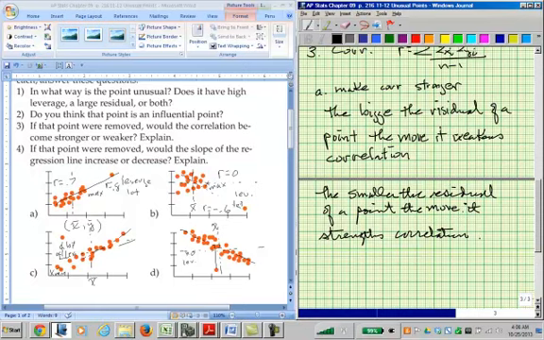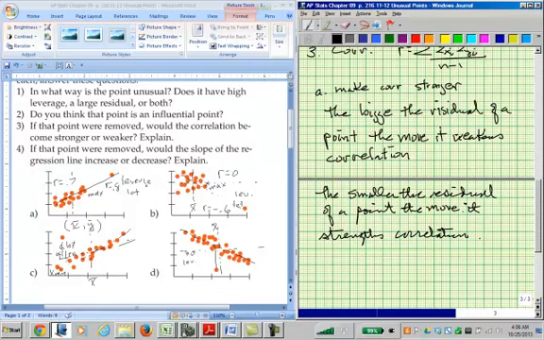Okay, so in A, very small residual, leaving it out weakens correlation. Putting it in strengthens correlation. B, lots of leverage, small residual, leaving it in strengthens correlation. Leaving it out weakens correlation.